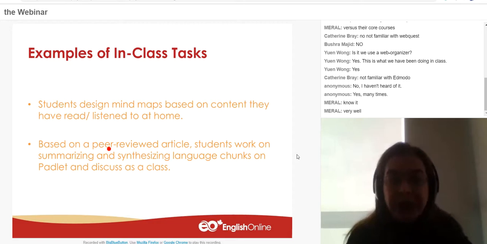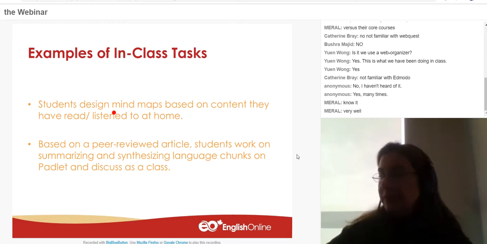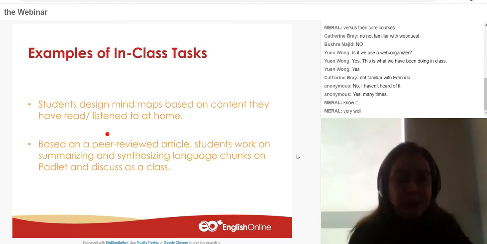If you assign your students peer-reviewed articles to read, for example, students can work on summarizing and synthesizing language chunks, like in the two examples I shared with you on the Padlet, and then they can discuss as a class together. So these are examples of in-class tasks.